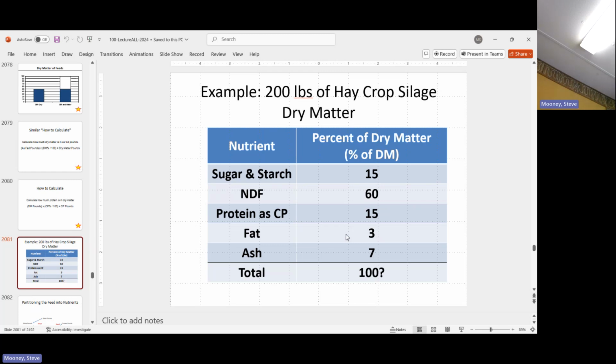So we have the nutrients listed here. We got sugar and starch, NDF, protein as crude protein, CP, fat and ash. What are we missing? What nutrient are we missing?